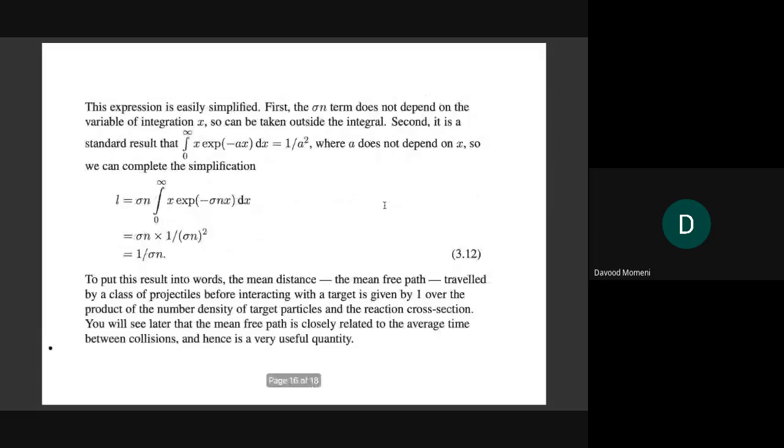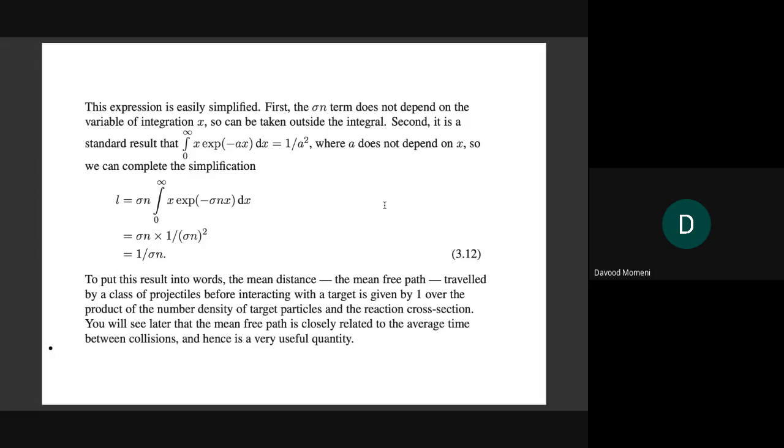The calculation of this integral is very easy. The integral of an exponential you can easily calculate. You have x here, so to calculate the integral of x e^(-ax), you can use several techniques, but the simple way is integration by parts, or any other method.